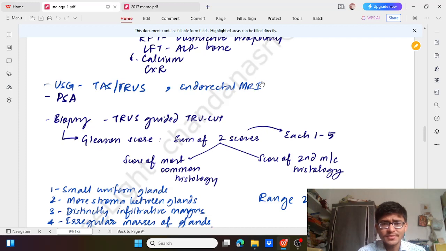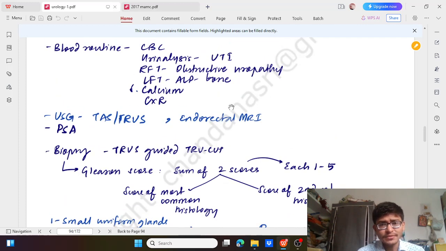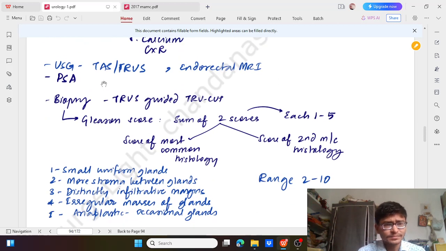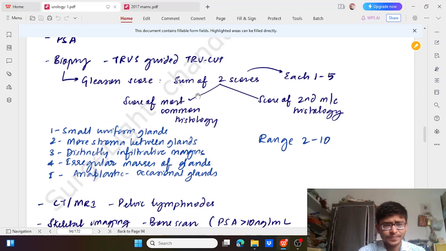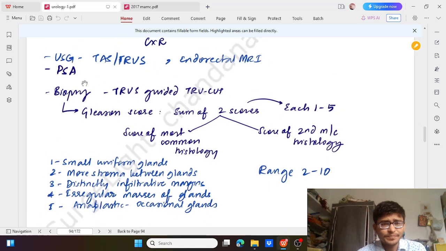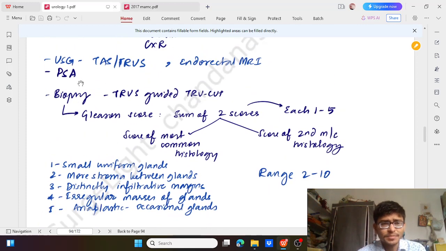MRI will be more specific for the lymph node metastasis, and CT will be more sensitive for the lymph node metastasis. Both will be helpful, MRI and CT, for the local spread. Then PSA, we'll have a detailed discussion on PSA.